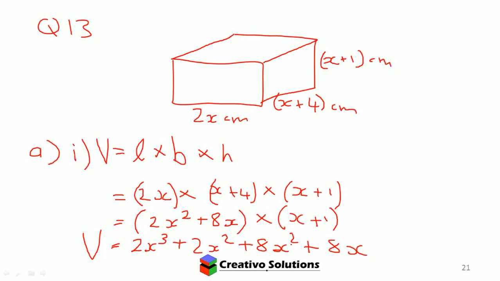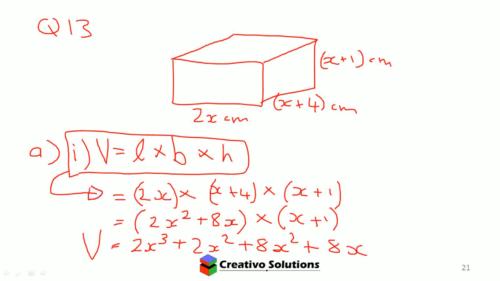So they want me to expand and simplify my answer. Well, then I could actually just write down this for number 1, which is basics, because they said write down the volume of a cuboid with these dimensions. Okay, so that's the volume equation. I would then write down this as the answer for number 1, because they said using those dimensions, so length times breadth times height.